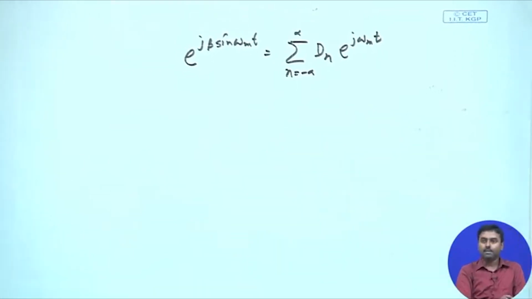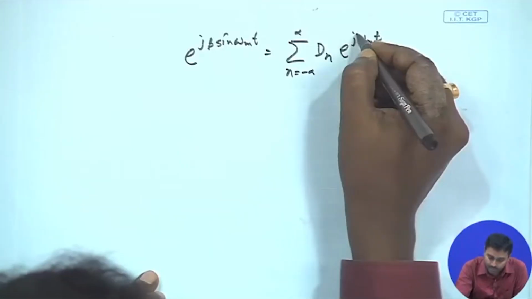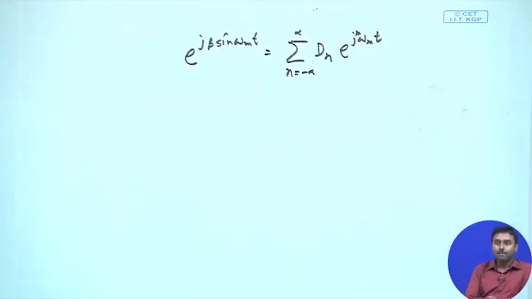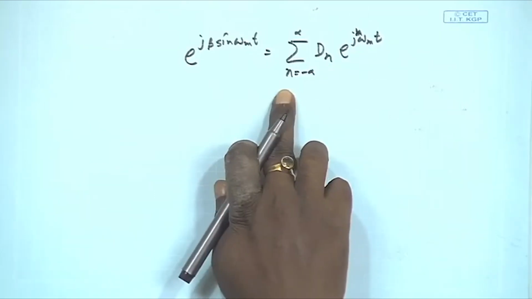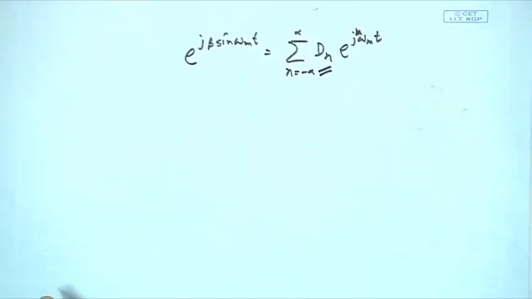Yeah, that's correct. Okay. So, basically at every n omega m I will be getting this term, I had not written that n over here. Yes. So, for every value of n I will be getting a corresponding frequency term, right.